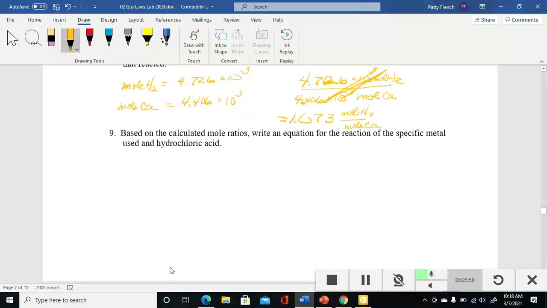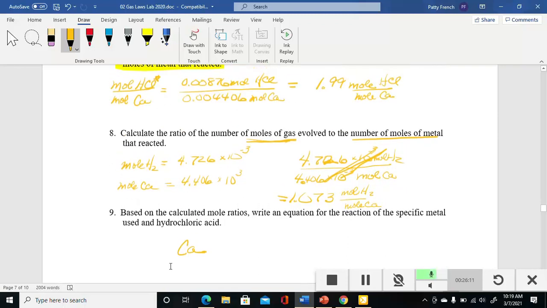Finally, based on the calculated mole ratios, write an equation. So our equation is going to be calcium. And what we did for both of these, step 7 and step 8, was saying that we had 1.99 moles of HCl per 1 mole of calcium, and then 1.073 moles of gas per 1 mole of calcium.